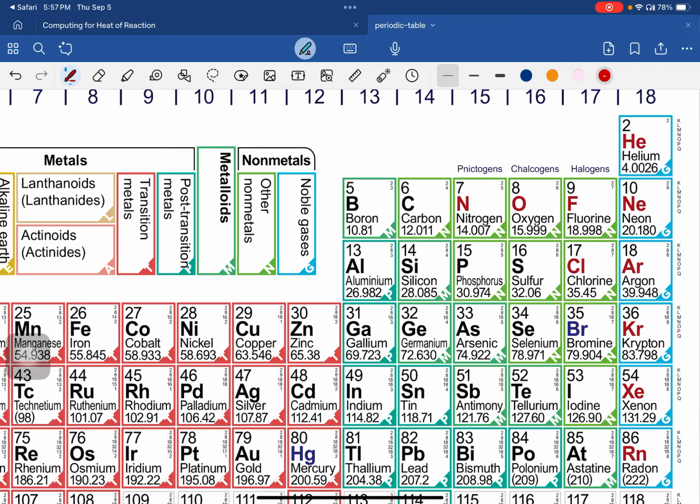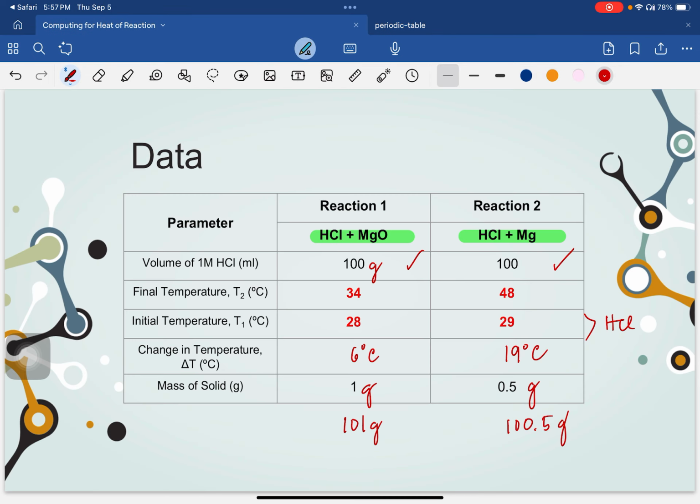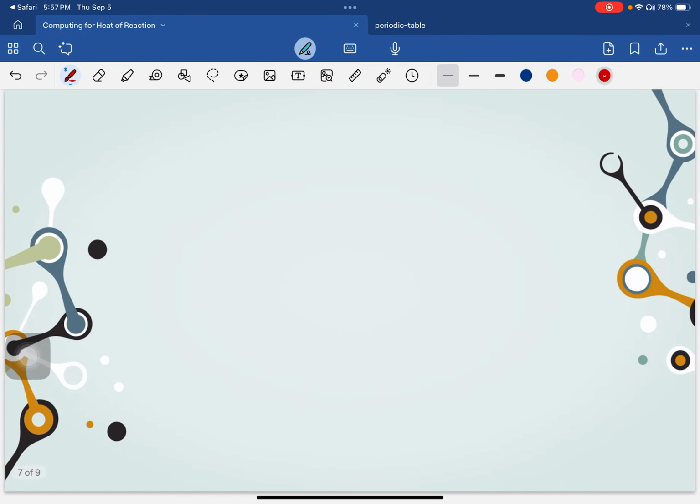So we go back to our computation. We'll be using mass as 101. And then our c, we'll be using the c of water. So that's 4.184. And then delta T, we've already computed that in the initial table, that will be 6 degrees.